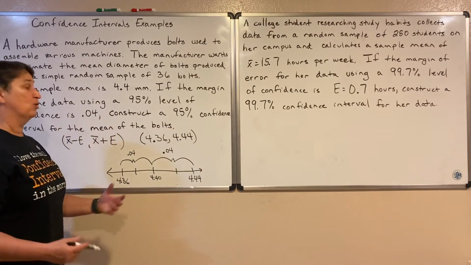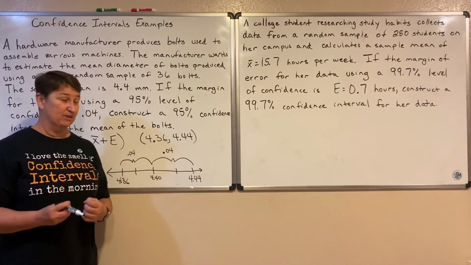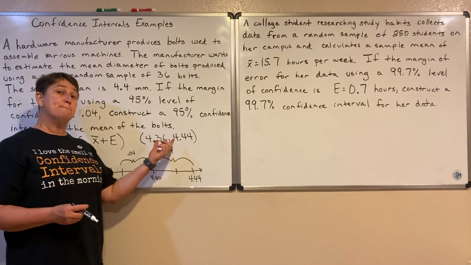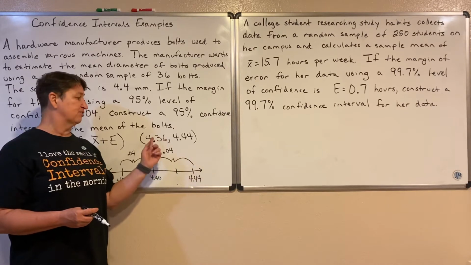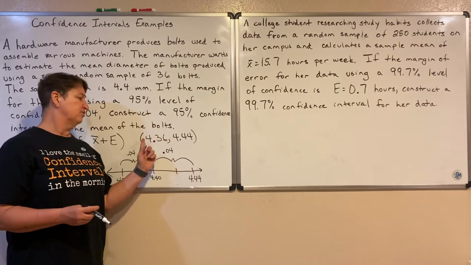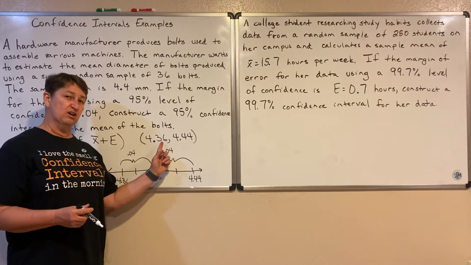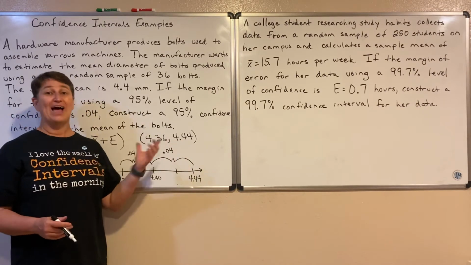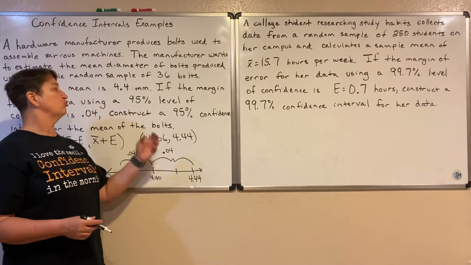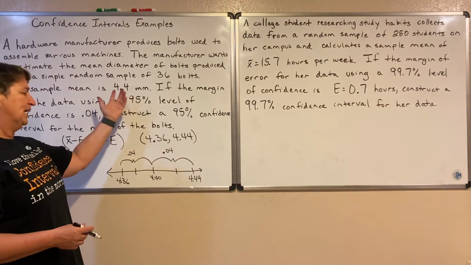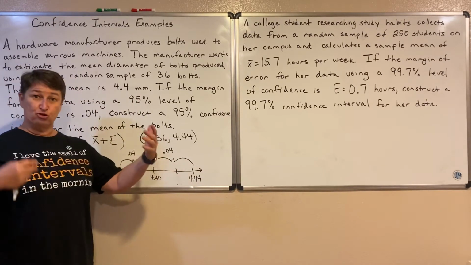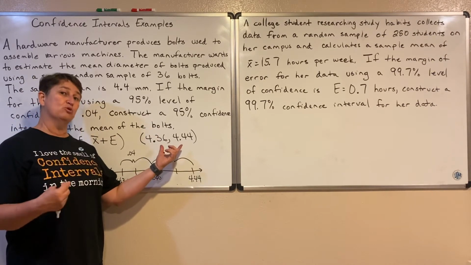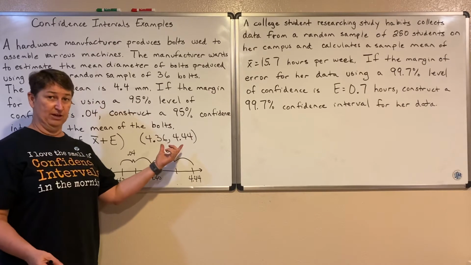And I'm saying with 95% confidence level that the population mean is going to be somewhere between 4 36/100 and 4 44/100. So that's what that confidence interval is. Once I find this sample mean, I can now, with a certain level of confidence, tell you where the population mean is.